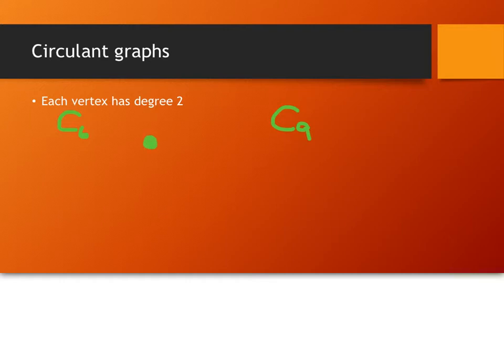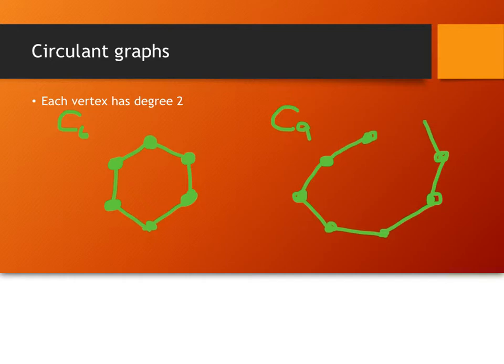C6, fairly straightforward. 1, 2, 3, 4, 5, 6 points arranged in a circle. That's the easiest way to draw things. C9, we're going to have 9 points, obviously. 1, 2, 3, 4, 5, 6, 7, 8, and 9. Okay, 9 vertices.